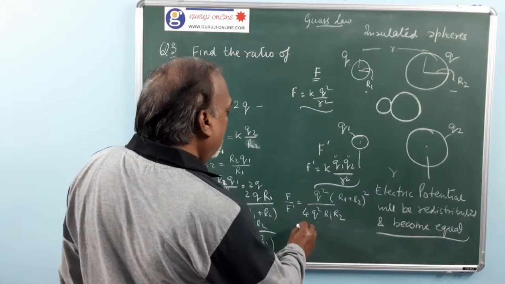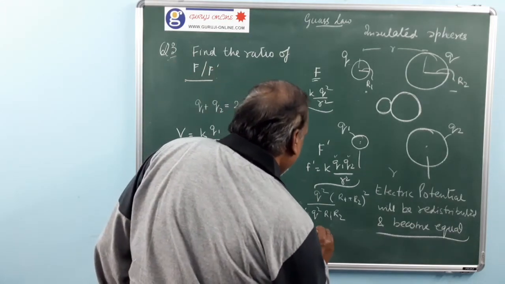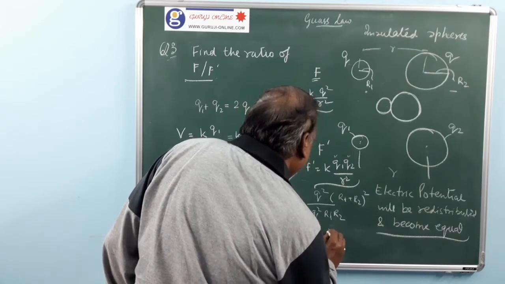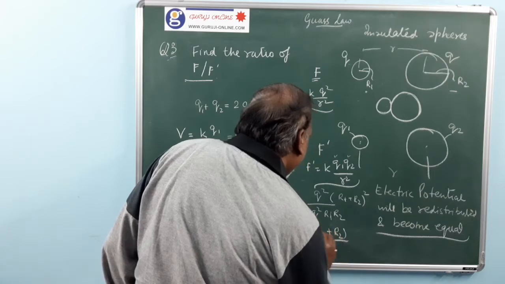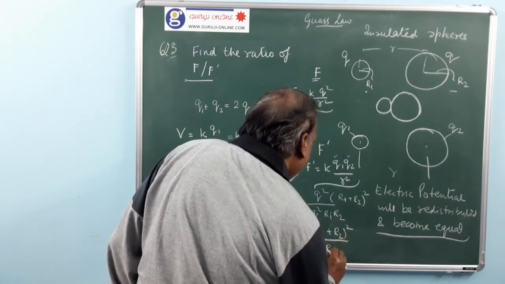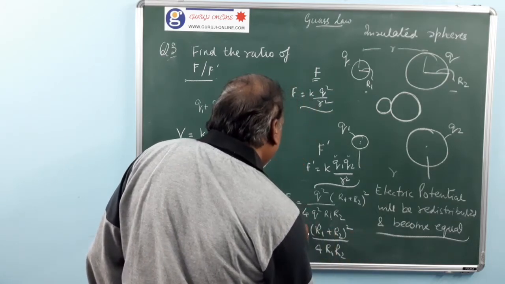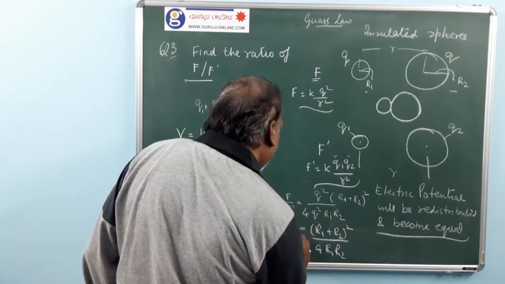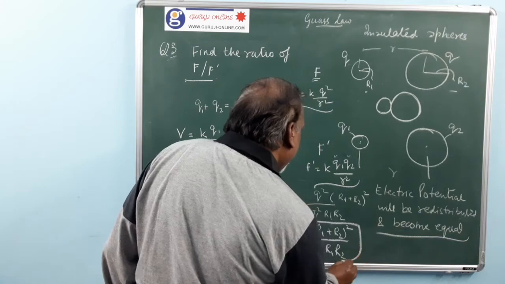Ultimately, this is nothing but your (R1 plus R2) whole square upon 4 R1 R2. So this ratio depends only on this.